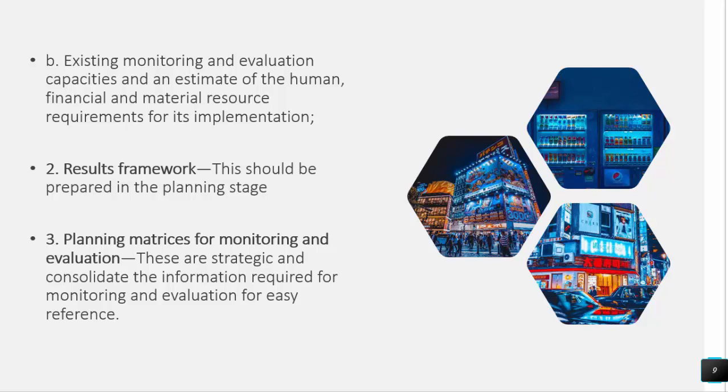When you look at a results framework, look at it as what this project is really going to achieve at the end of the project. Those results are supposed to help you fully understand what exactly you're going to be monitoring and evaluating.